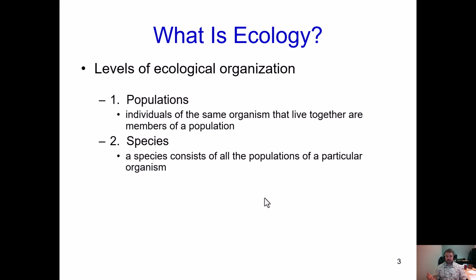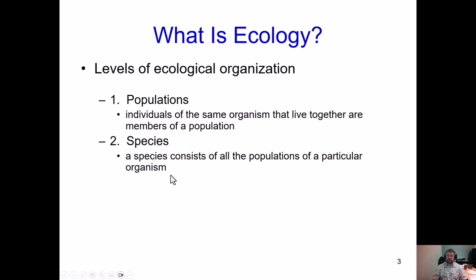But because of air travel and our ability to reach all places on the planet that people inhabit, we consider the entire planet one population. So the number of human species and human populations is the same: there's one population. But normally these aren't the same for other organisms because they don't have the ability to commute as far.